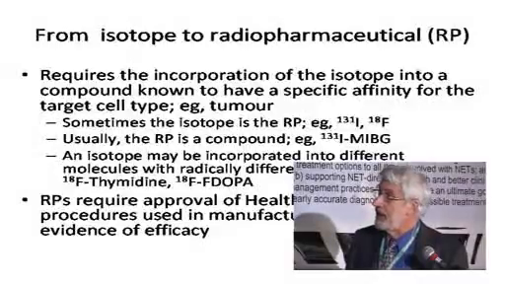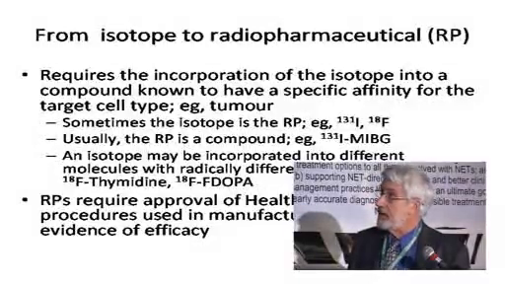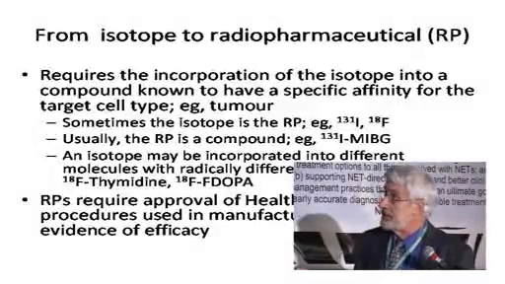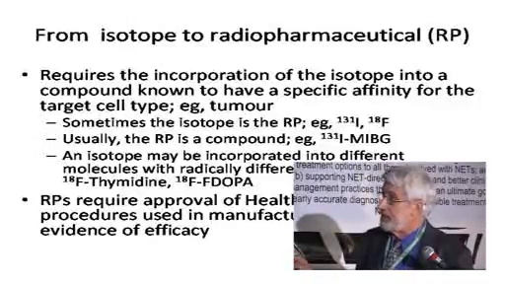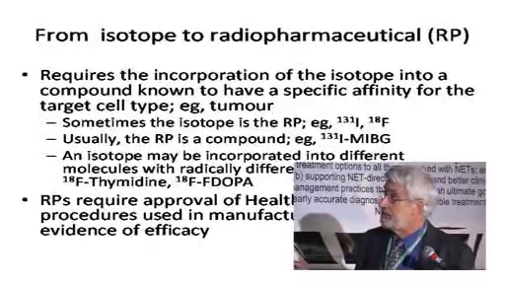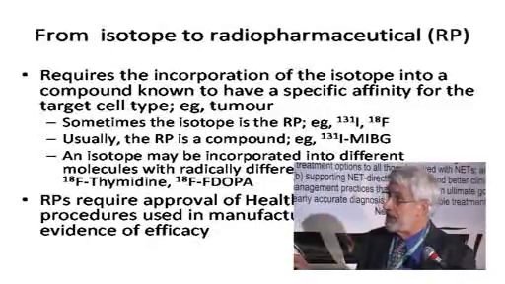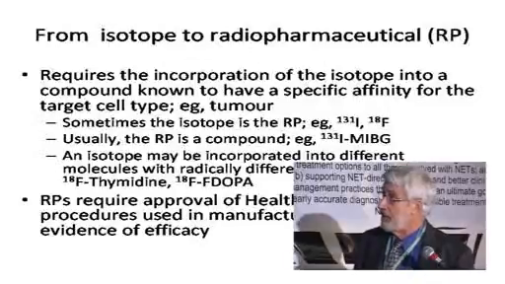And so we require that there be incorporation of the isotope into a compound. Sometimes, as in thyroid cancer, which is my particular area, we use the elemental iodine. And during the time when we can't get technetium for bone scans, we can use fluorine-18, and that's being done in Quebec just now for bone scanning.